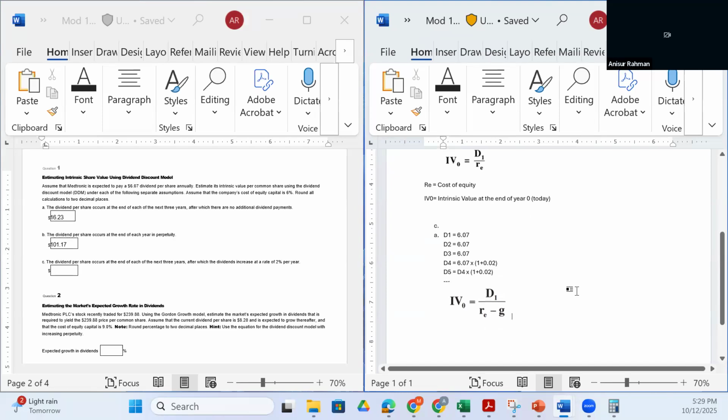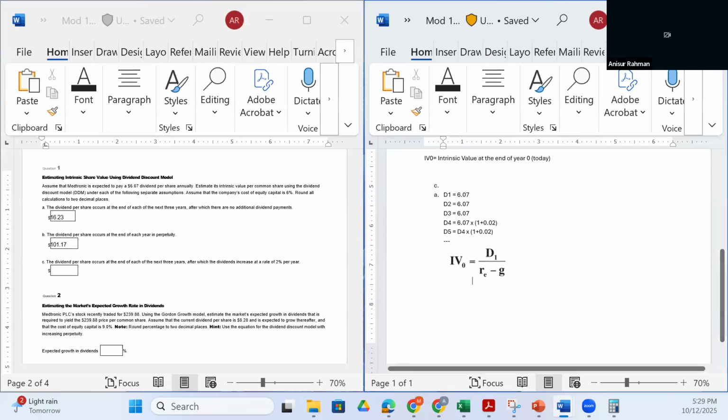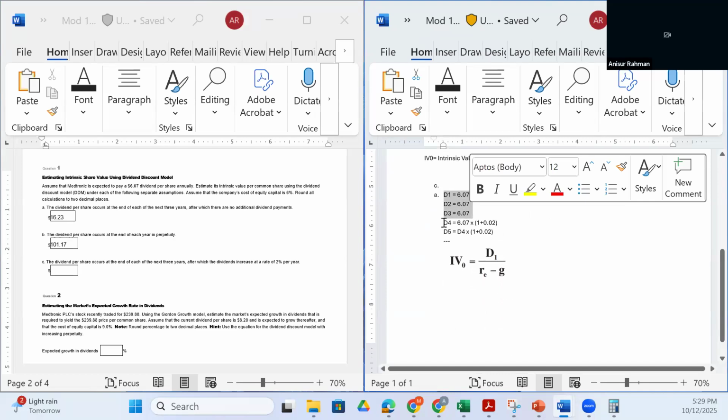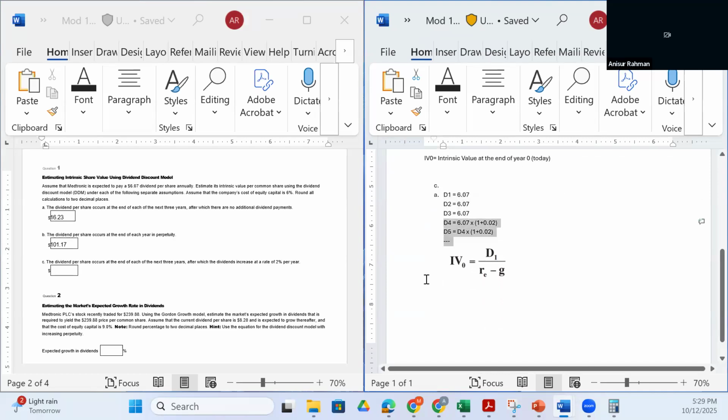So in our case, we have to calculate the present value of all these cash flows, and also calculate the present value of this perpetuity.